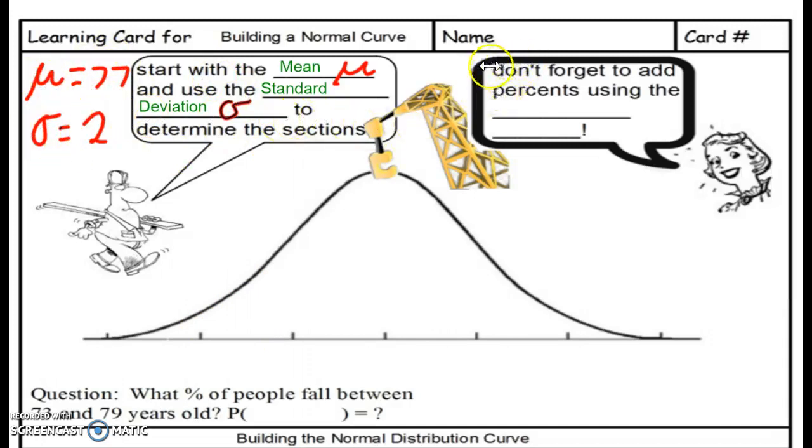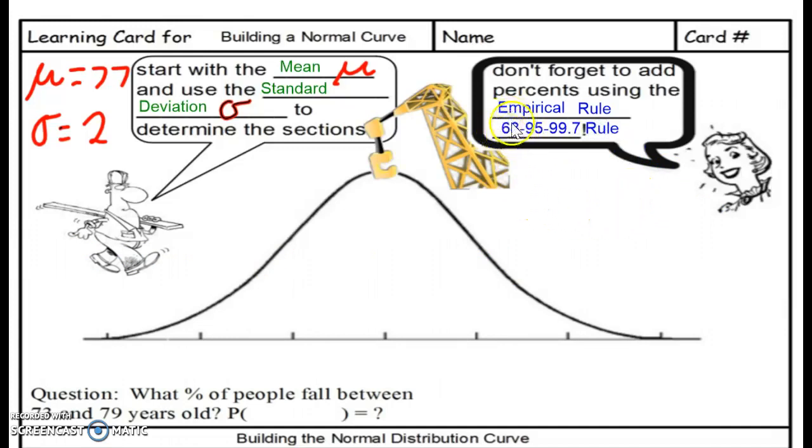Now there's something else that we need to talk about before we actually start to build it, and that is, don't forget to add percents using the empirical rule. Okay, now the empirical rule can also be called the 68, 95, 99.7 rule.